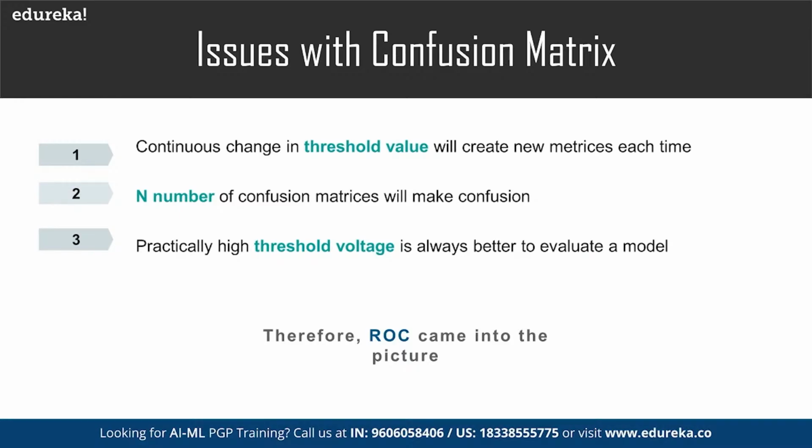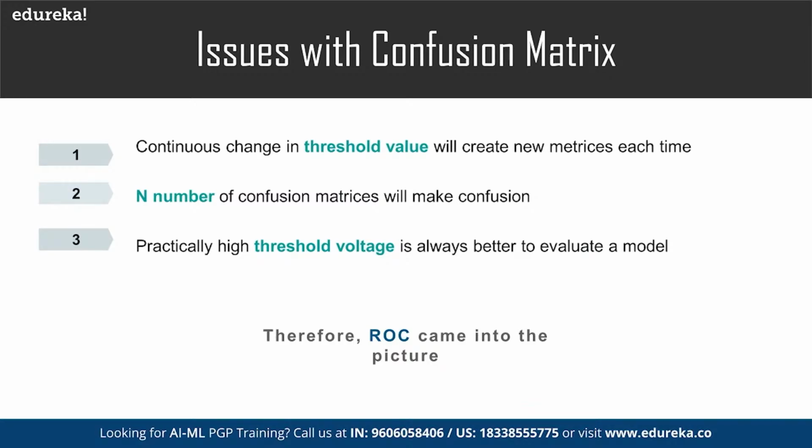So n number of confusion matrices will make confusion. As we continuously change the threshold values, we get a different confusion matrix each time, which will of course confuse everyone, including the one who is programming. These are the things we see happening all over the place.